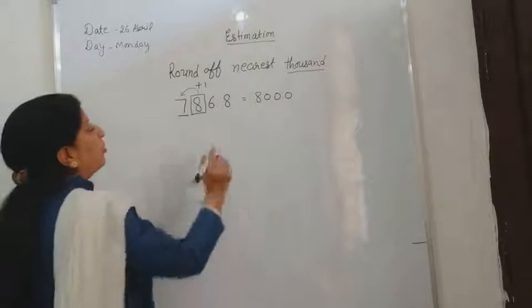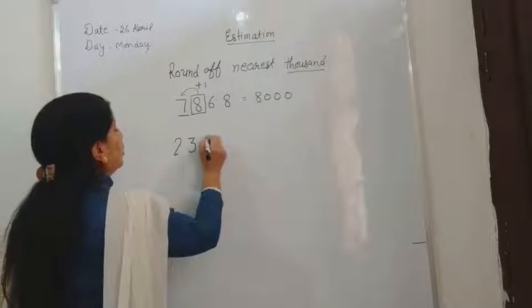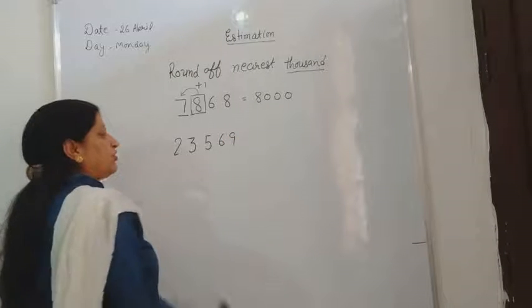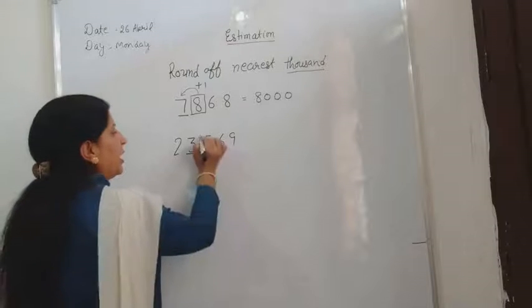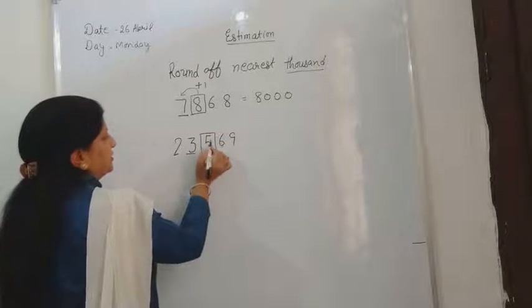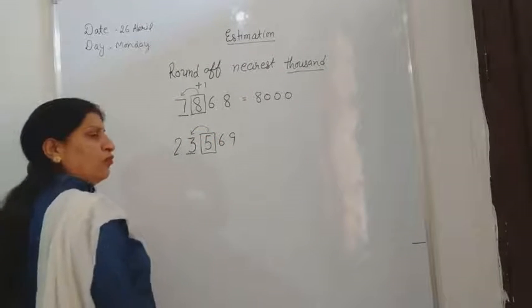Now we take one more example, 23,569. Here we see that at the thousands place our digit is 3, and we put a box at the hundreds place digit, and this digit is equal to 5.